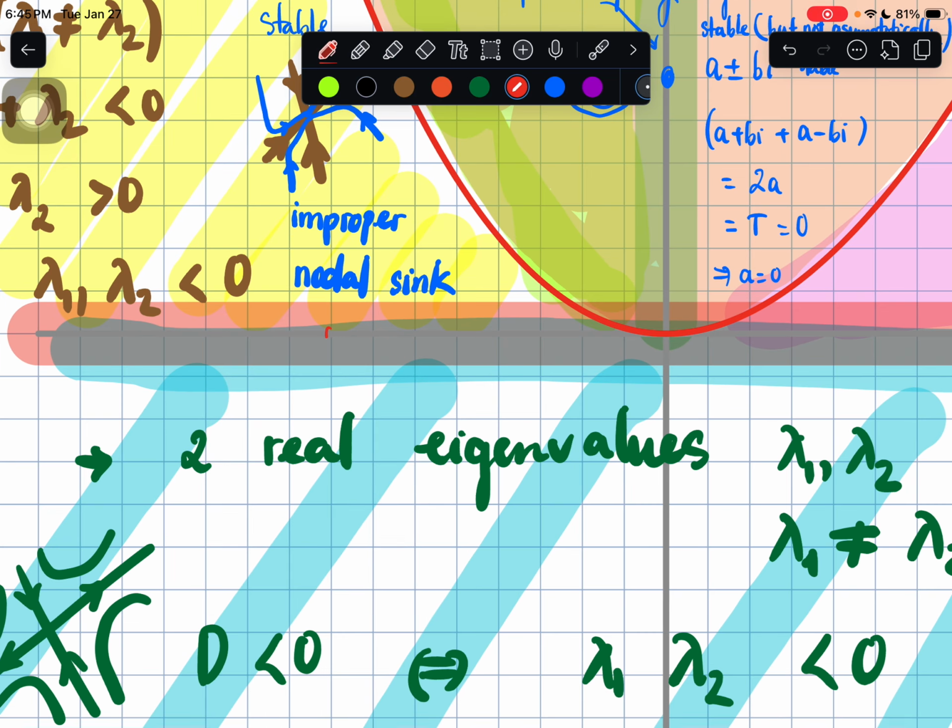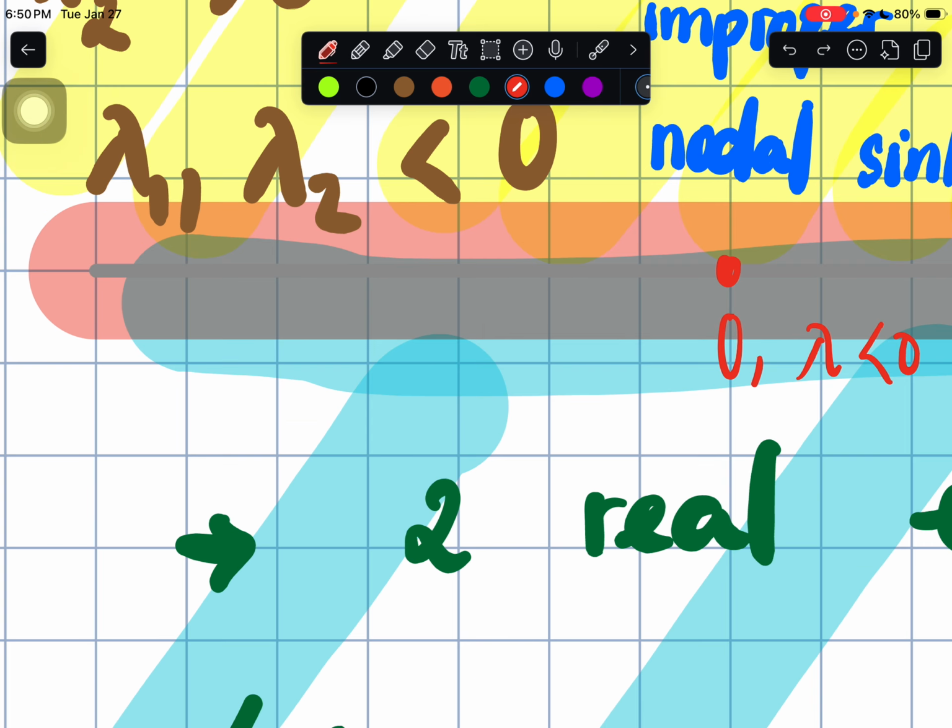So we have eigenvalue 0 and the other one, lambda, say lambda 1. Lambda here is real and negative.